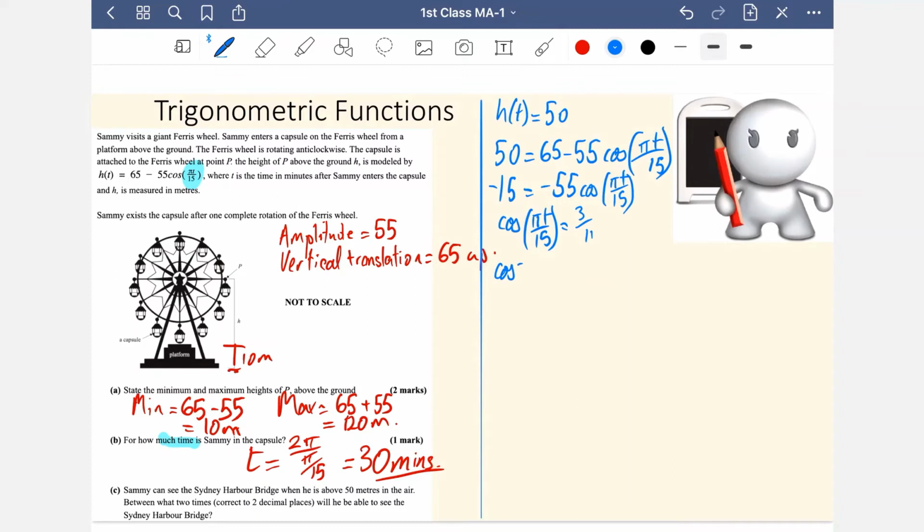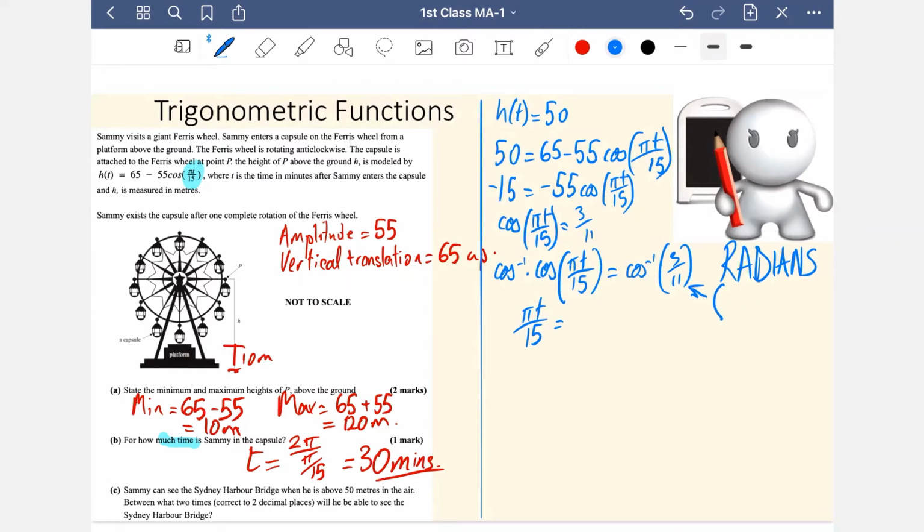So let's take the inverse cos of both sides, and we're going to get pi t on 15 equals the inverse cos of 3 over 11. Now, when you put that into your calculator, please make sure that your calculator is set in radians. And a few things. This is not an exact value, so you'll need to use your calculator.